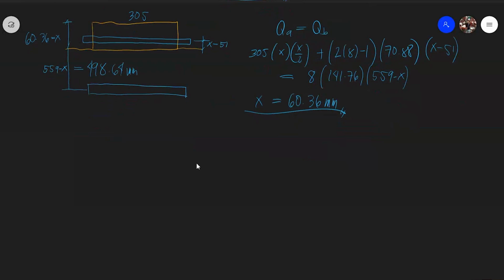Next, get the moment of inertia of the cracked section. So your ICR is equal to 305 multiplied by 60.36 cubed over 3, plus 2n minus 1, where n is 8, multiplied by ES prime, that is 70.88, multiplied by its distance x minus 51, that is 60.36 minus 51, squared.